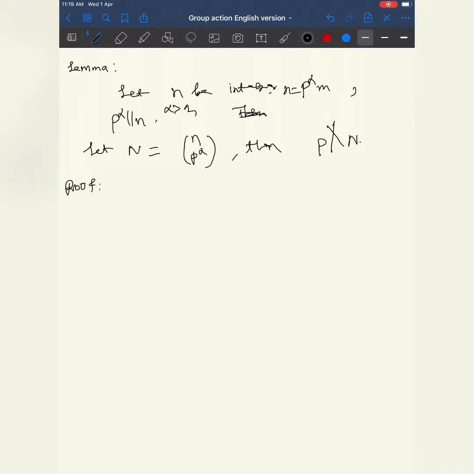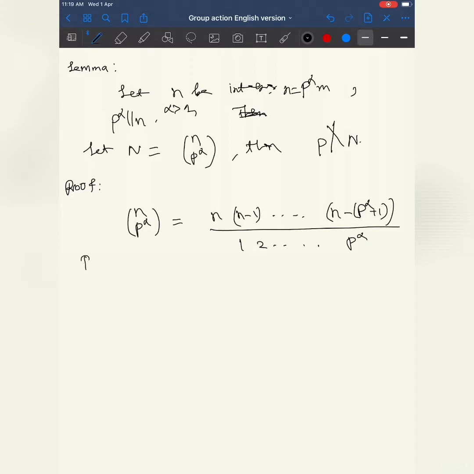Okay, let's prove this. I will prove it a little vaguely; this is not very important. What is n choose p power alpha? That is n times n minus 1 times dot dot dot n minus p power alpha plus 1, divided by 1 times 2 dot dot dot p power alpha.